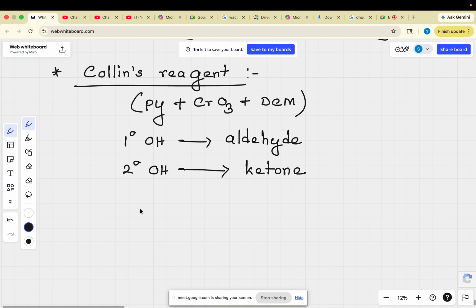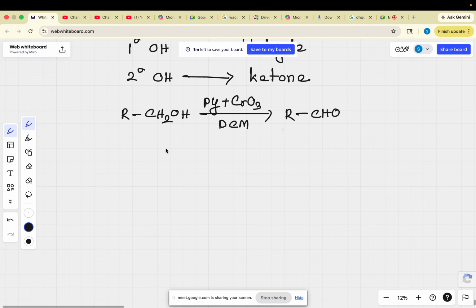Suppose I have this primary alcohol, RCH2OH. Here I am using pyridine plus chromium trioxide in the presence of DCM. What will you get? You will get RCHO, an aldehyde. The primary alcohol will oxidize to an aldehyde. Suppose you have a benzene ring and here you are giving CH2OH. The same reagent, pyridine plus chromium trioxide in the presence of DCM.